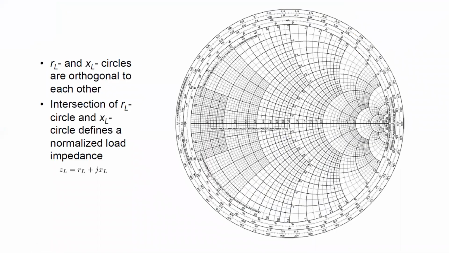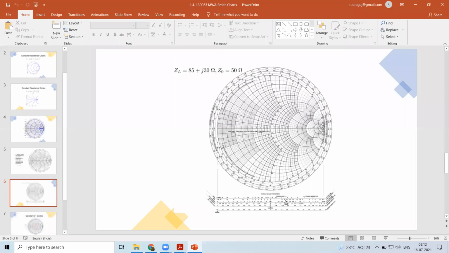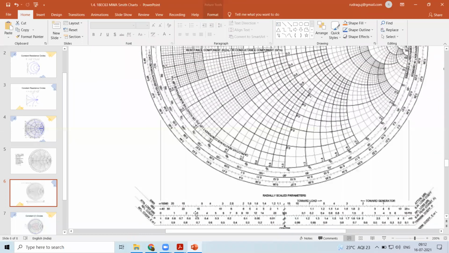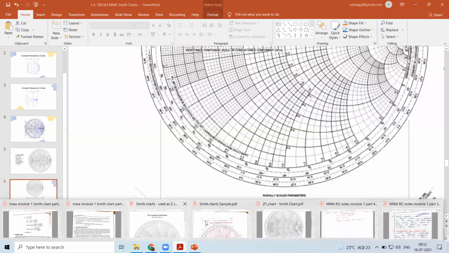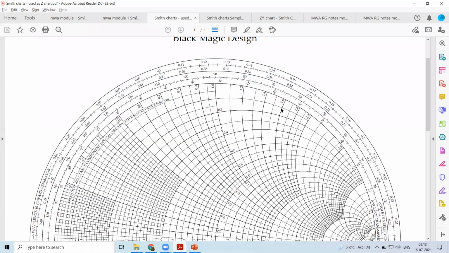That is what we had observed here, and there are a few other things to note down in this case. Here is one Smith chart in which a few things are specified, so I'll refer back to this chart so it will be a little clearer.